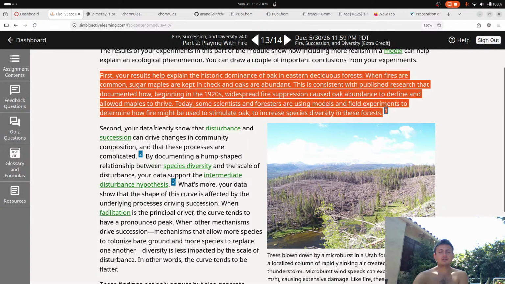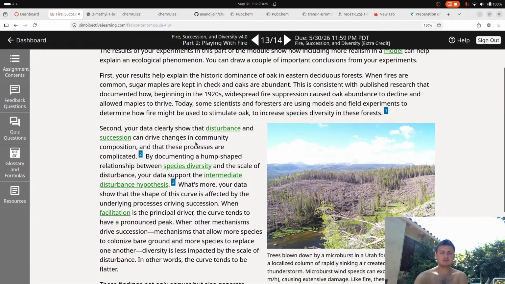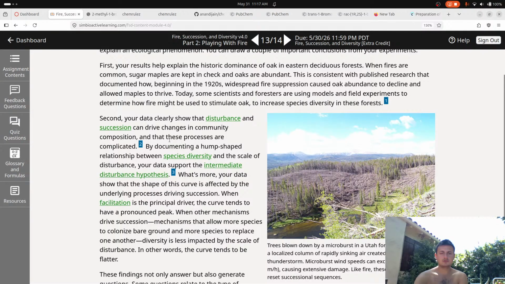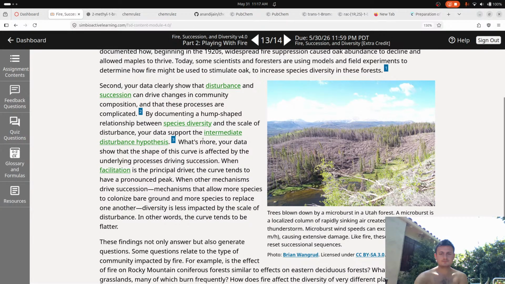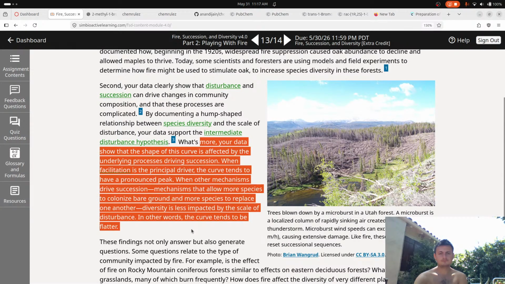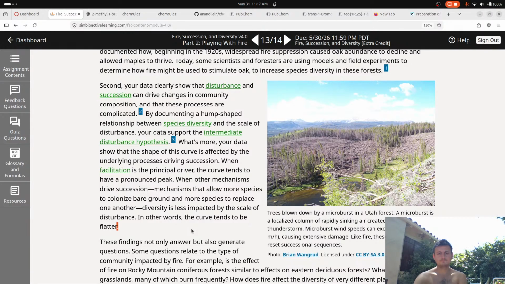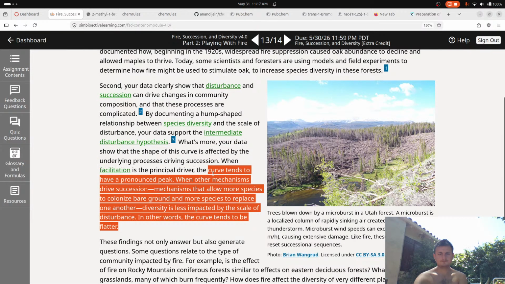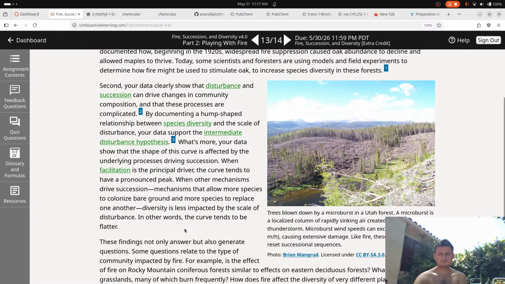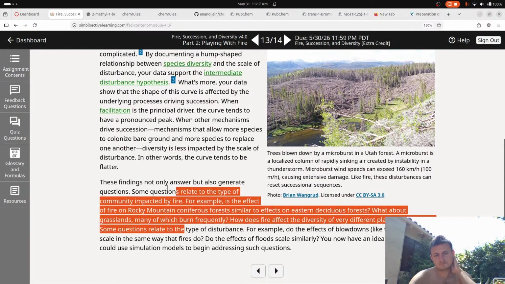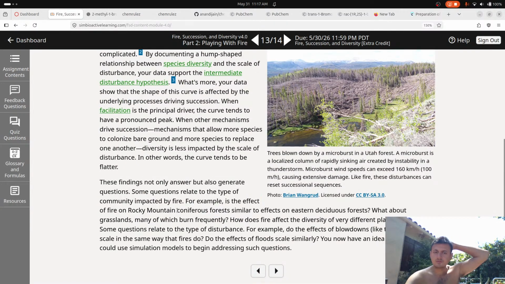Second, your data clearly show that disturbance and succession can drive changes in community composition. These findings not only answer but also generate questions. Some questions relate to the type of community impacted by fire. For example, is the effect of fire on Rocky Mountain coniferous forests?